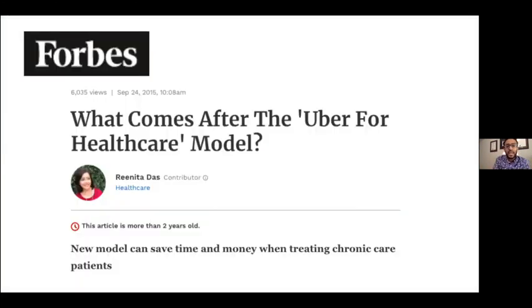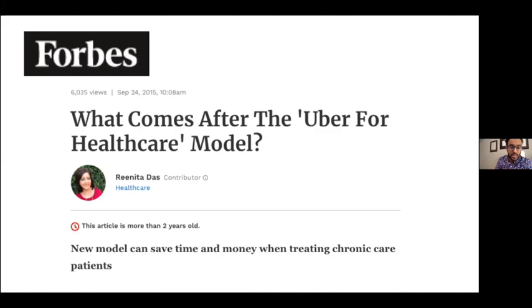I want to highlight one important example around stakeholder analysis. This is something that has been discussed for years: Uber for healthcare, and taking aspects from the tech world and putting them into the med tech or health tech world. In the tech world, the customer and the payer are usually very defined, right?